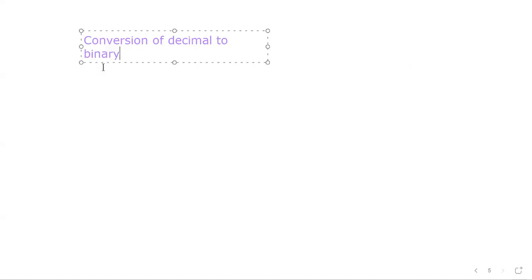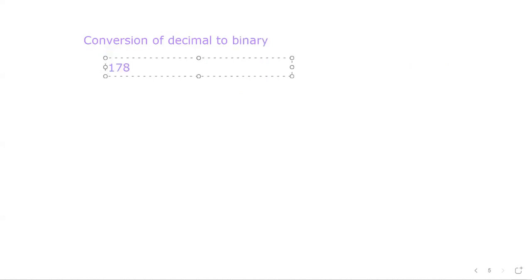So our next is conversion of decimal to binary. Our decimal value is 178.